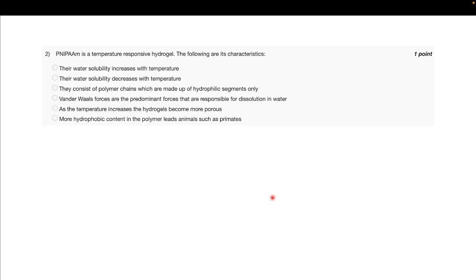Anyone wants to give it a try? Their water solubility decreases with temperature. Yes, that is one response. Thank you for answering. Anybody else?